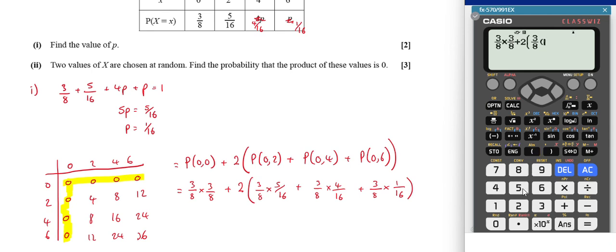And then I'm going to have 5 sixteenths plus 4 sixteenths plus 1 sixteenth. Close, close. I make that 39 over 64.